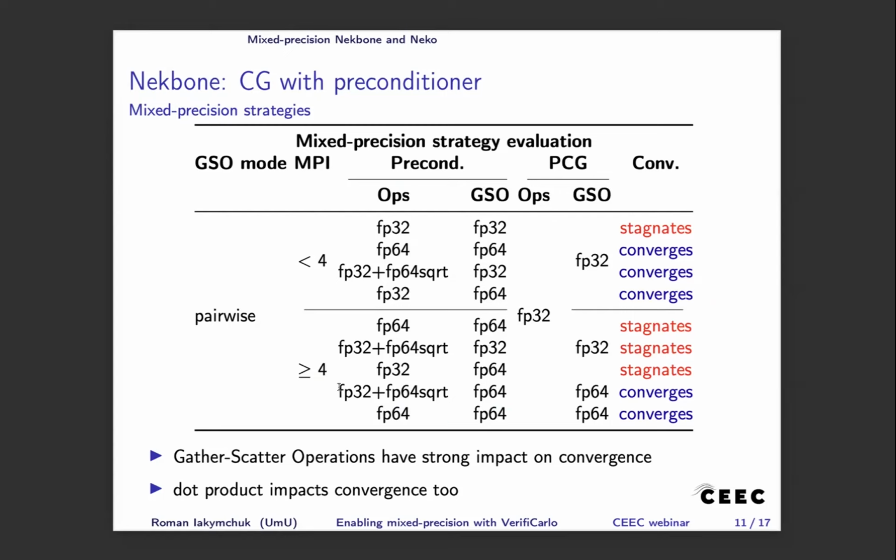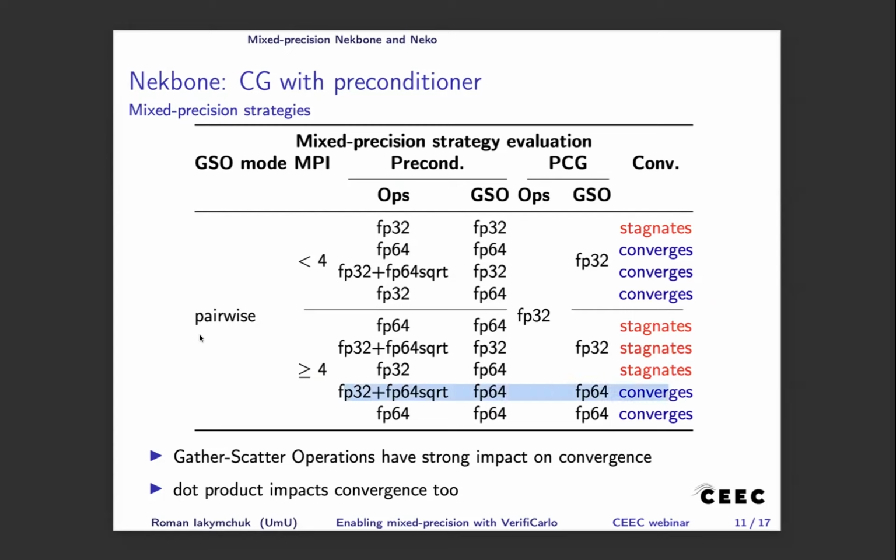So we tried to see what can be done. We know that square root is causing us some problems, so we keep all operations in the preconditioner in single precision, square root in double, and also communication in double, both in the preconditioner and in CG. CG operations can be safely conducted in single precision, and we have conversions. So this is our winning strategy.